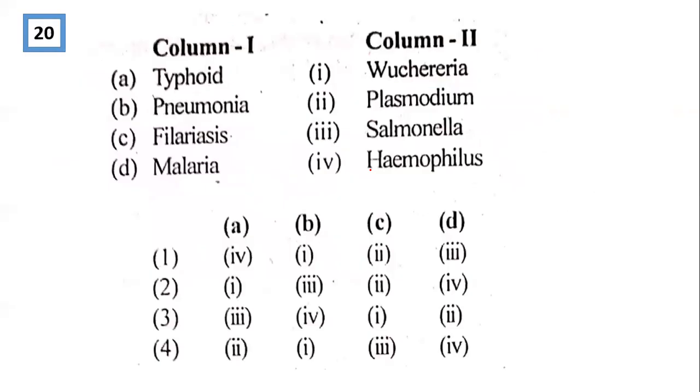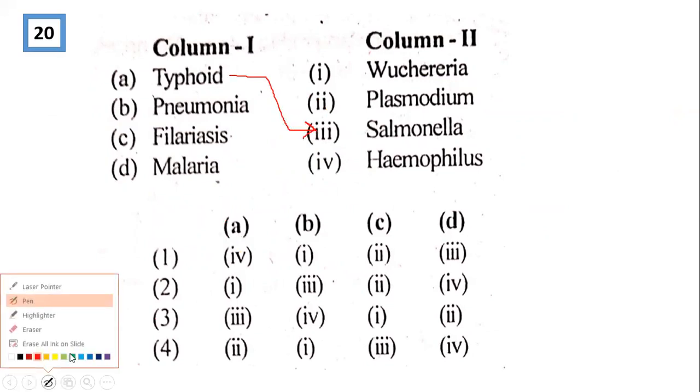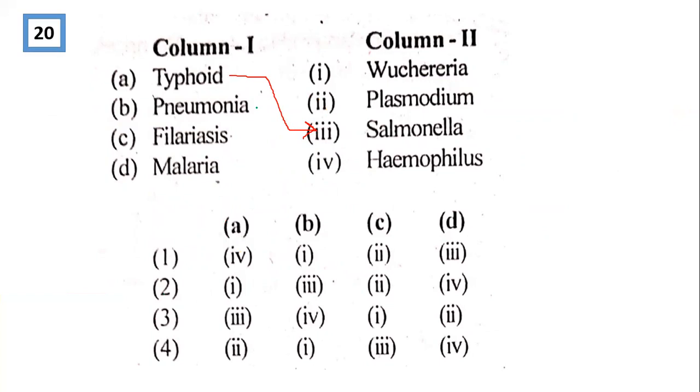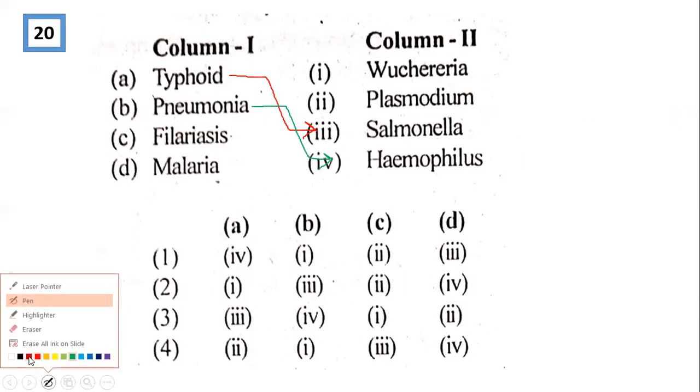20th question, easy question. Typhoid, pneumonia, filariasis, and malaria. Let's start right now. Typhoid matches with Salmonella typhi. Next, pneumonia. Pneumonia is caused by Haemophilus influenzae.